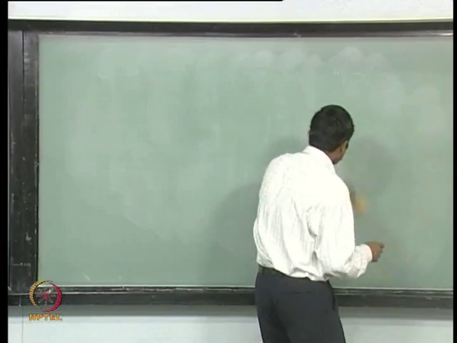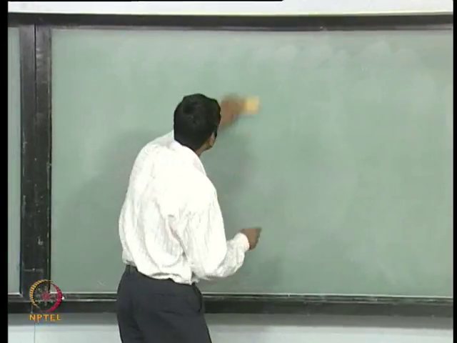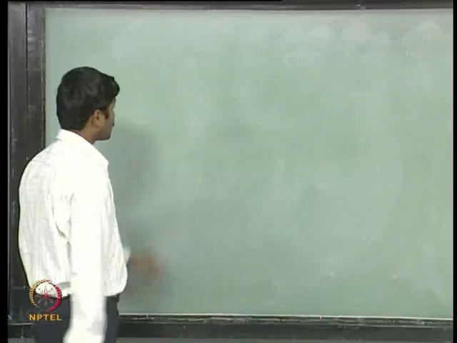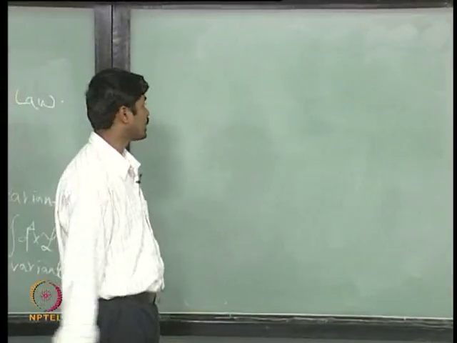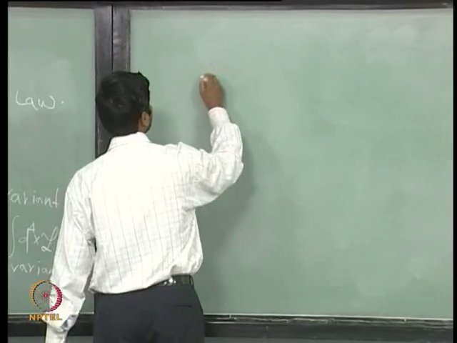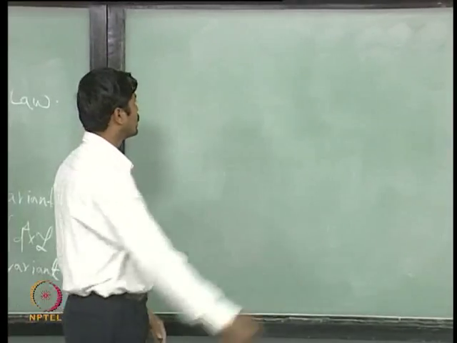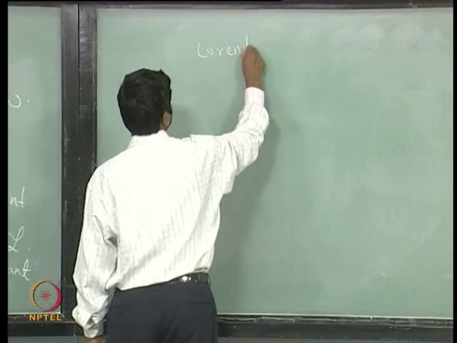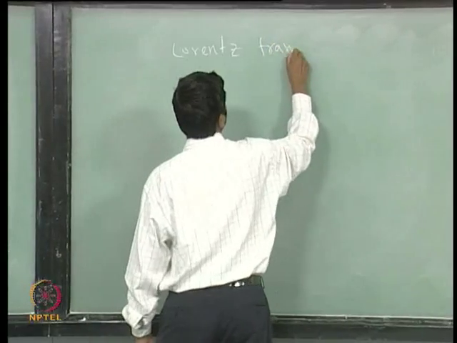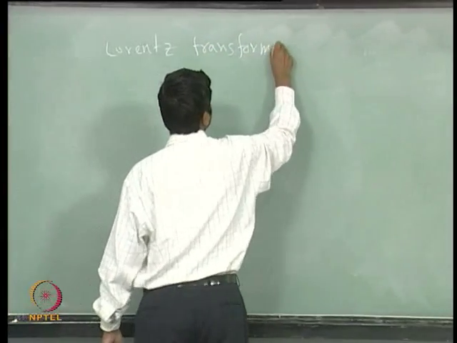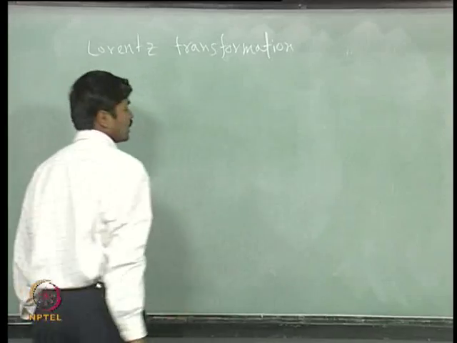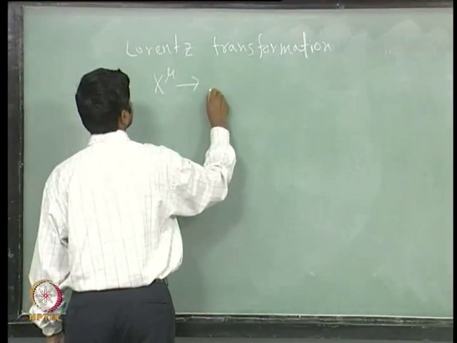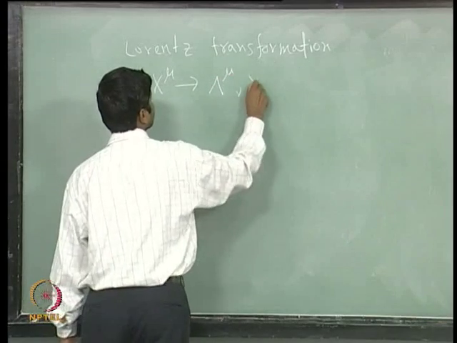So, what kind of symmetry transformations do we come across in physics? Mostly we will discuss relativistic quantum field theory. So, we keep seeing Lorentz transformation, where the space time coordinates change like x mu going to lambda mu nu x nu.